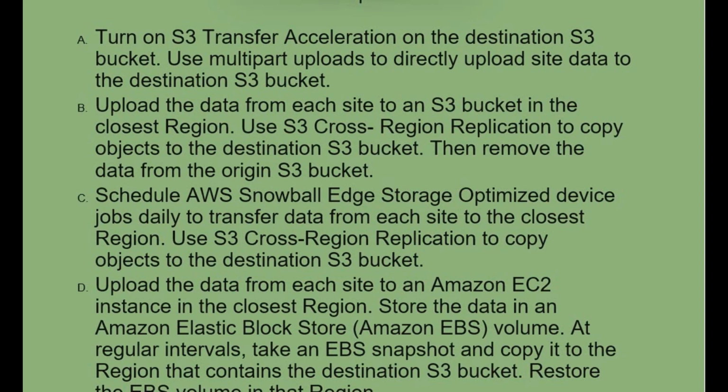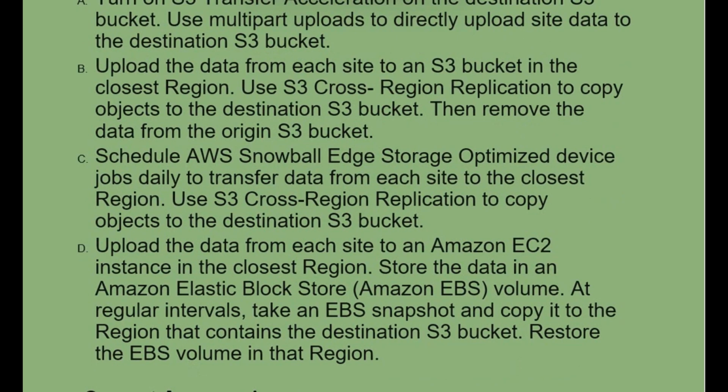Option C, schedule AWS Snowball Edge Storage Optimized device jobs daily to transfer data from each site to the closest region. Use S3 cross-region replication to copy objects to the destination S3 bucket. Option D, upload the data from each site to an Amazon EC2 instance in the closest region.